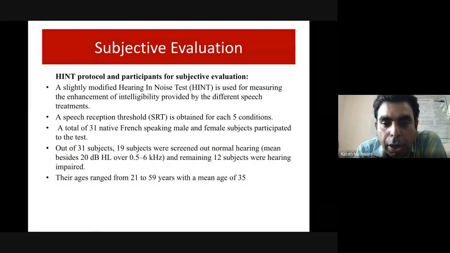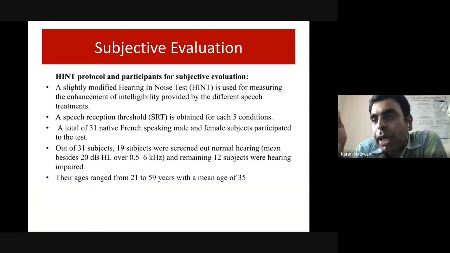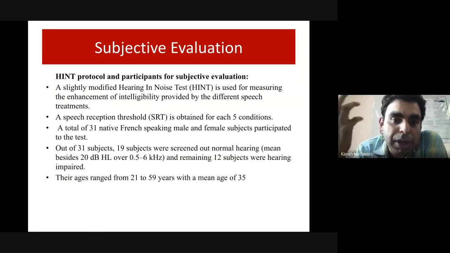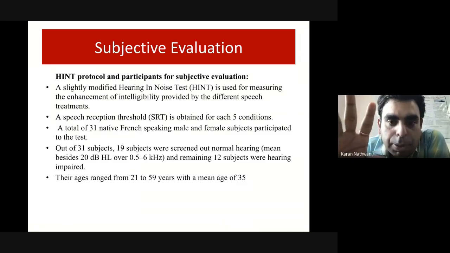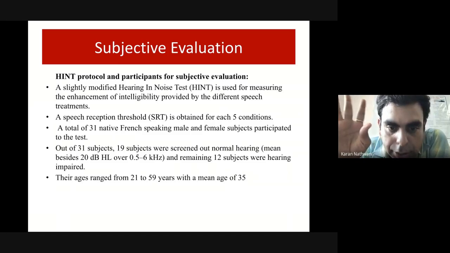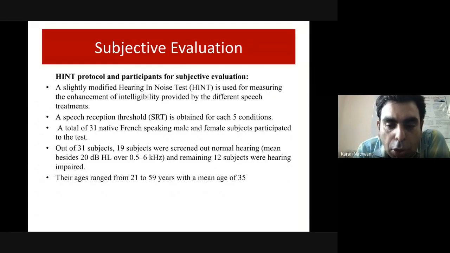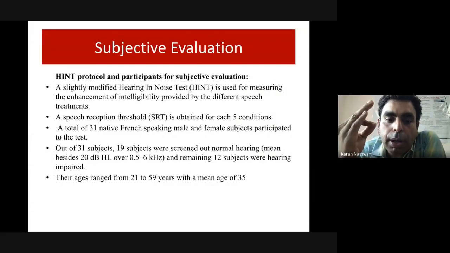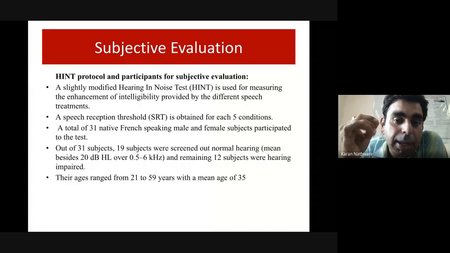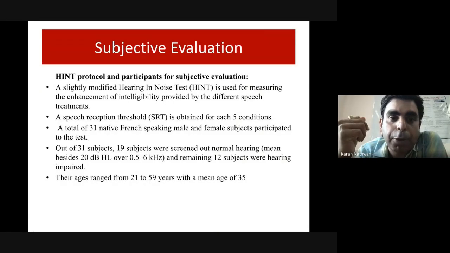So I have around 31 French speaking people who are able to understand the sound, and out of these, 19 subjects were normal, and 12 subjects were hearing impaired in this case. Okay. Those 12 were severely hearing impaired, they do not have proper hearing.